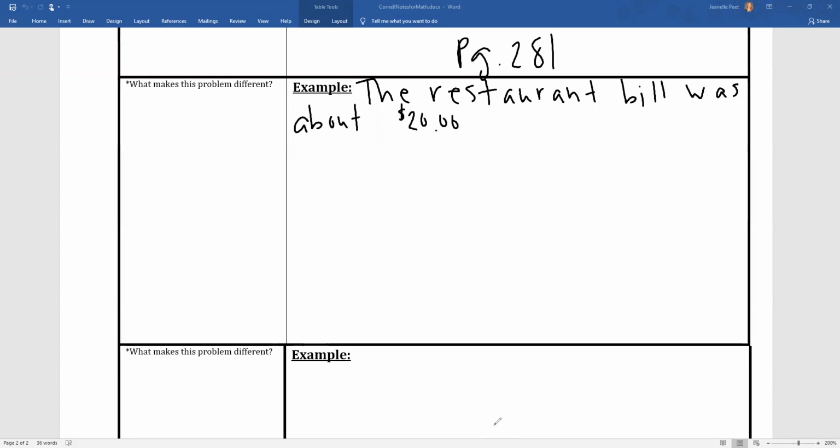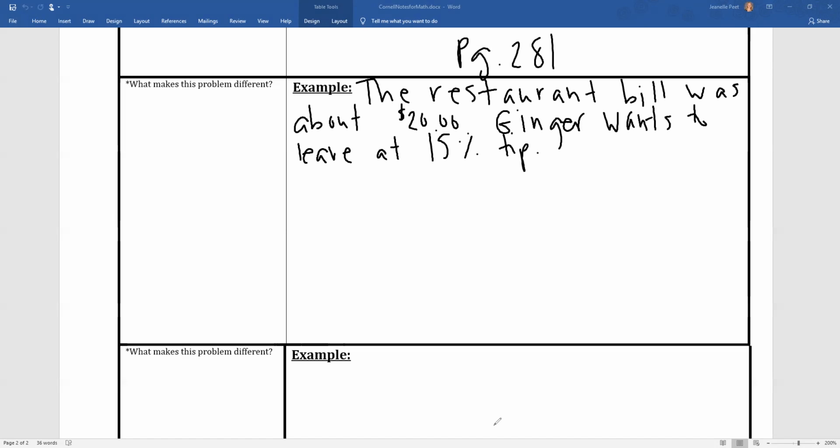Okay. Ginger wants to leave a 15% tip. How much money should Ginger leave?